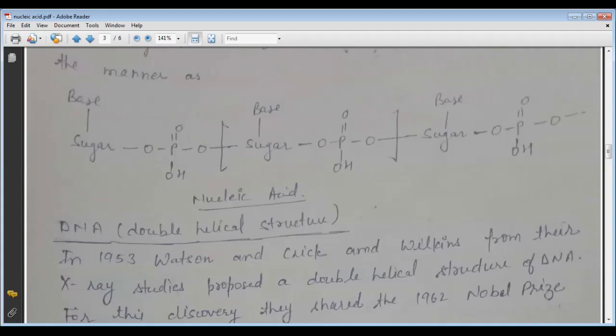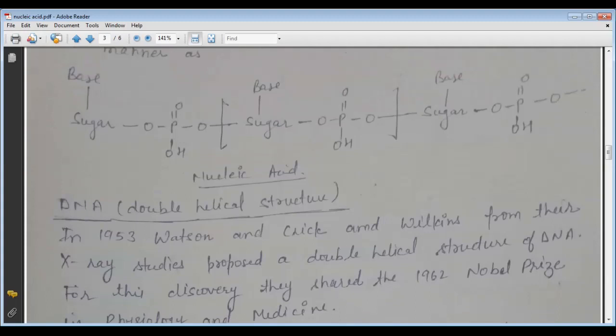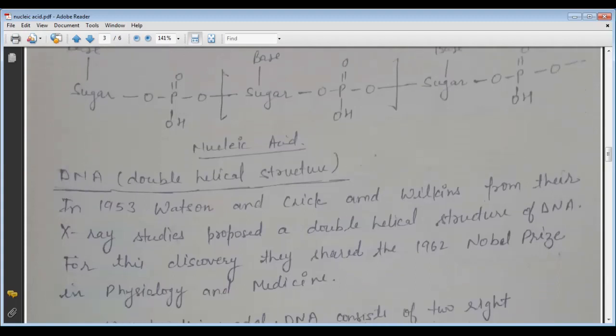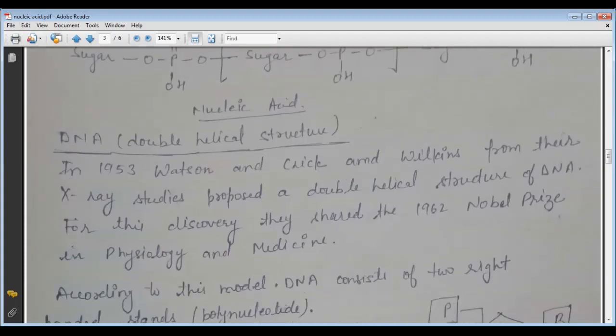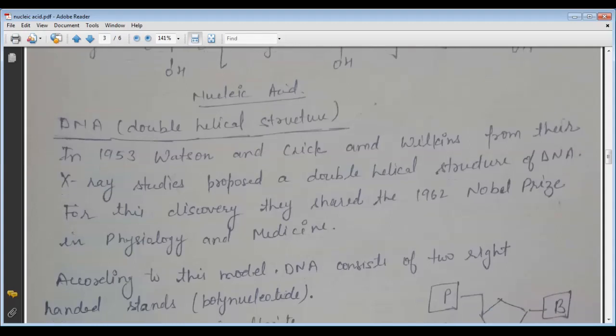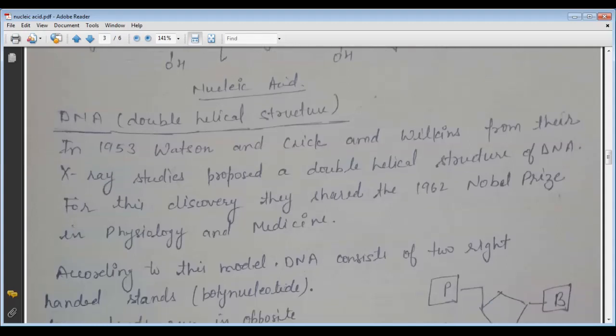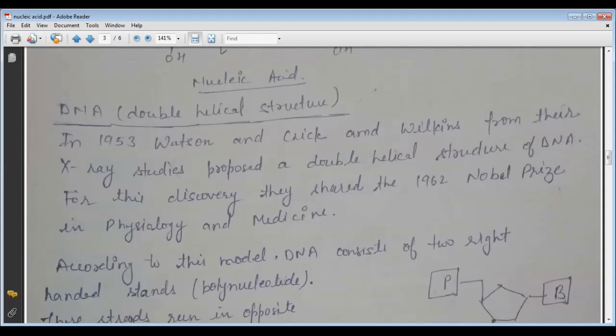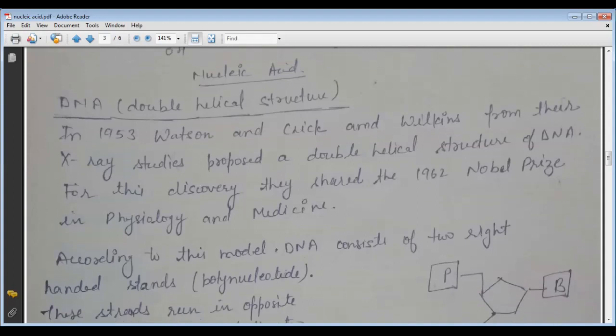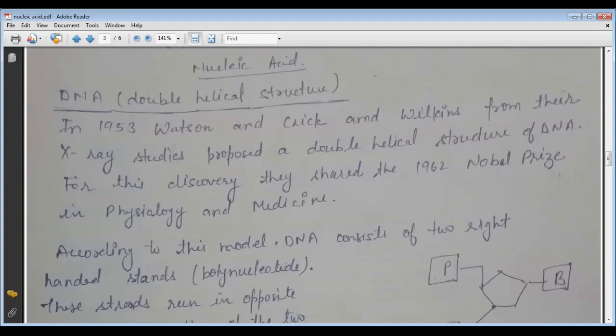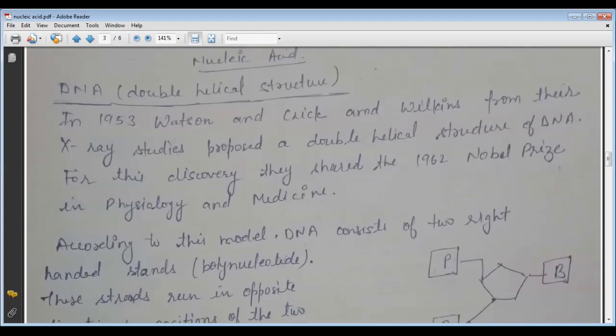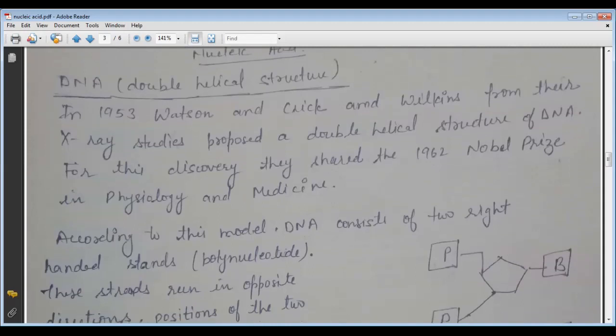Now I am coming to the structure of the DNA. DNA stands for deoxyribonucleic acid, and it has a double helix structure. In 1953, Watson and Crick, and one other scientist, Wilkins, studied X-ray diffraction and proposed a double helix structure of DNA.